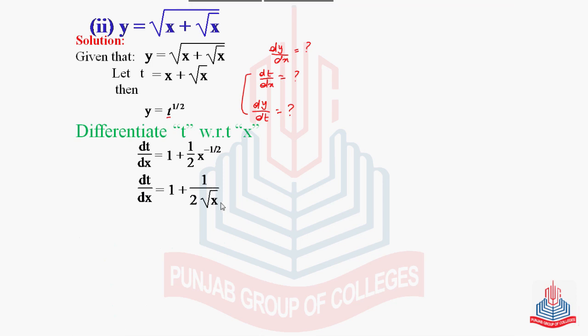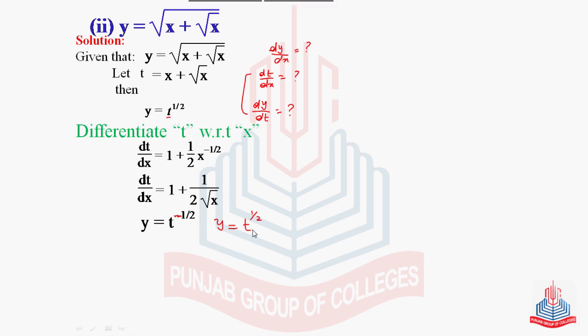Now as y is equal to t raised to the power, this is actually t raised to the power 1 by 2, not negative 1 by 2. So this is actually y is equal to t raised to the power 1 by 2. Now we have to calculate a derivative of y with respect to t.